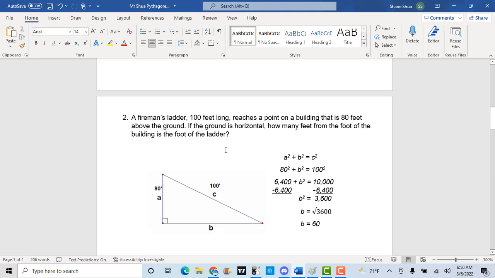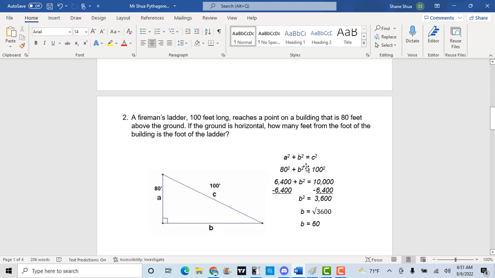Okay, so again, another diagram. So, fireman's ladder, 100 feet long. It reaches a point on the building that's 80 feet above the ground. That's our altitude. How many feet from the foot of the building is the foot of the ladder? So we need to find out what the base is. We don't know what our base is here, but we can use the Pythagorean theorem to find that out.